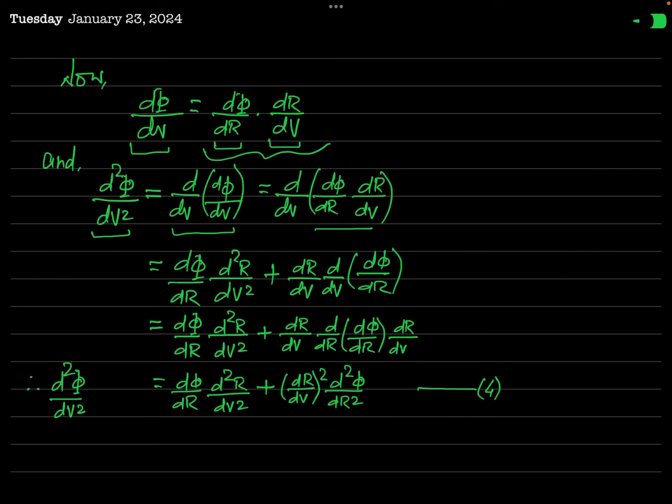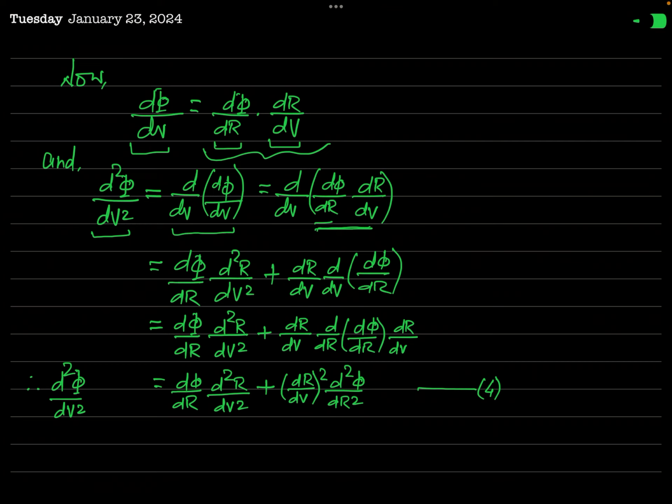Now see, inside this bracket there is a product of two functions. The first one is d phi by dR and the second one is dR by dV. So following the rules of differentiation of a product of two functions, you can see what the simplification will be.